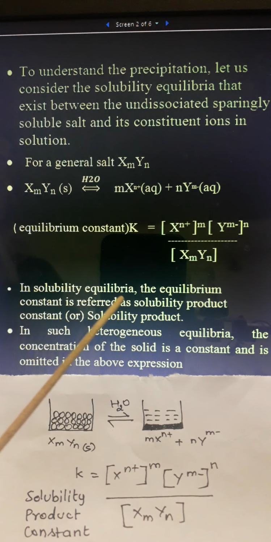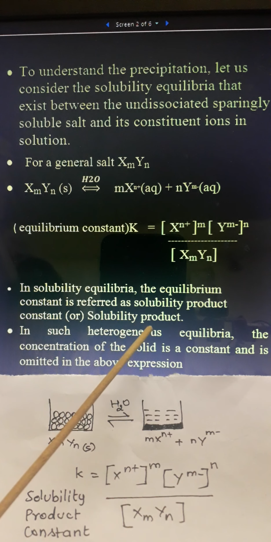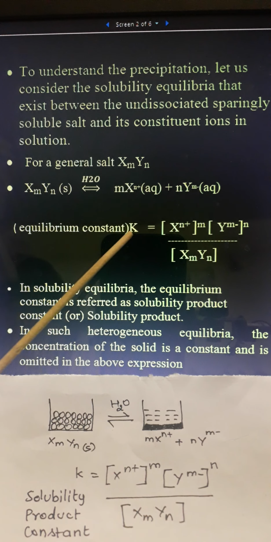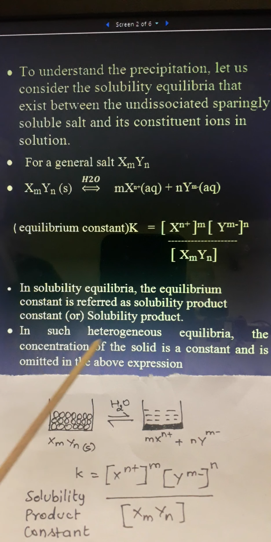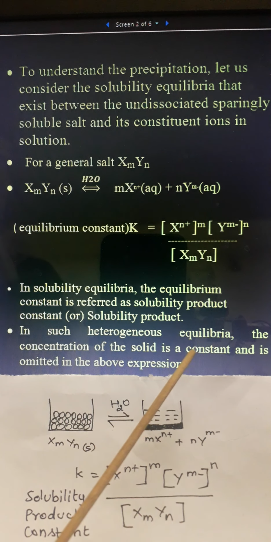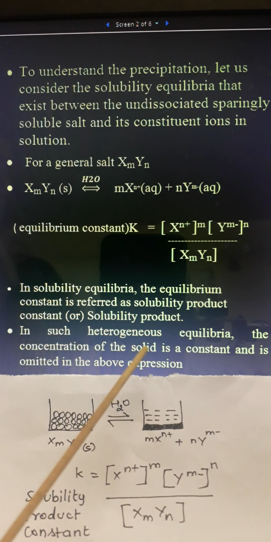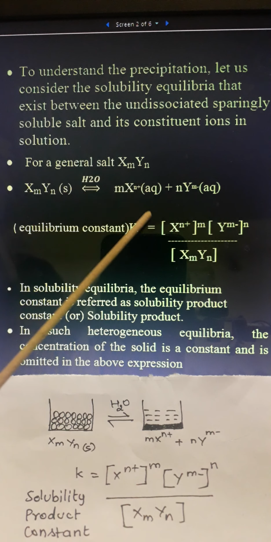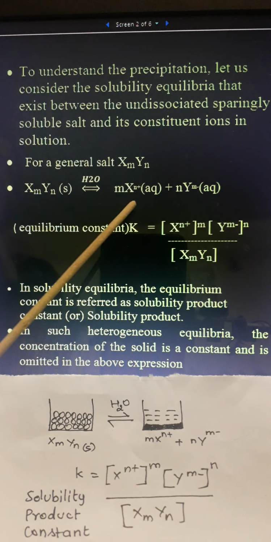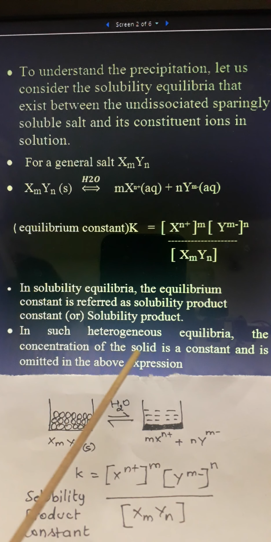In a solid equilibrium, the equilibrium constant is referred to as the solubility product constant or solubility product. In such heterogeneous equilibria, what is meant by heterogeneous equilibria? Reactant and product are in different phases.